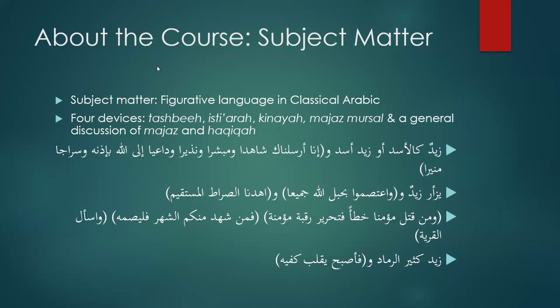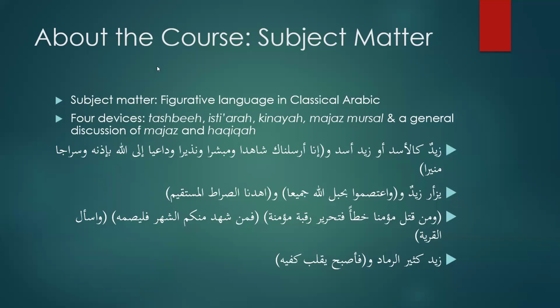So the first type of figurative device in Arabic is a tashbih. When we say Zaydun kal asadi or Zaydun asadun, the first would be the example of a simile in English, and the second would be a metaphor.